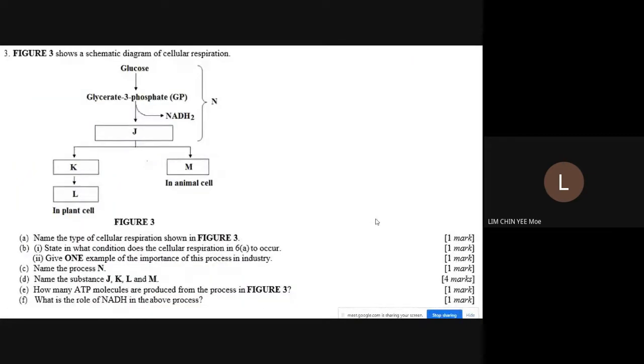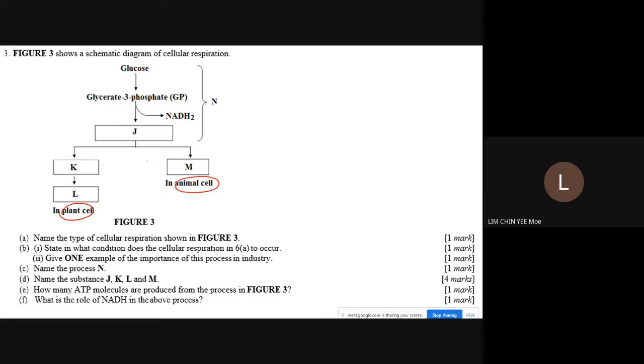So let's look at this question. Figure 3 shows a schematic diagram of cellular respiration. Already done? Yes, Miss. Okay. So let's discuss the questions together. Name the type of cellular respiration shown in figure 3. For this cellular respiration, you can see it splits into two: plant cell and animal cell.